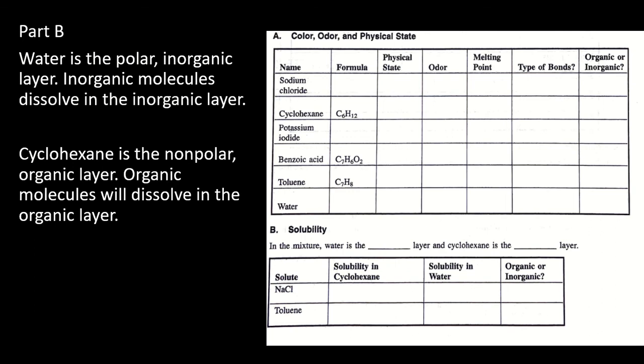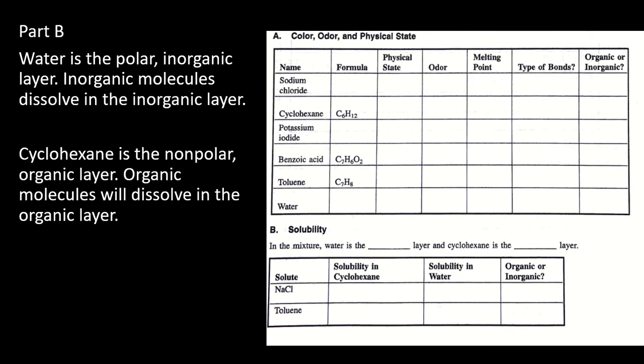Therefore, it will be the organic layer. Just some more background: if you have water and cyclohexane mixed together, you're going to see two different phases or two distinct layers. Whichever one is more dense, water or cyclohexane, will be the bottom layer, and the less dense fluid will be the top layer.